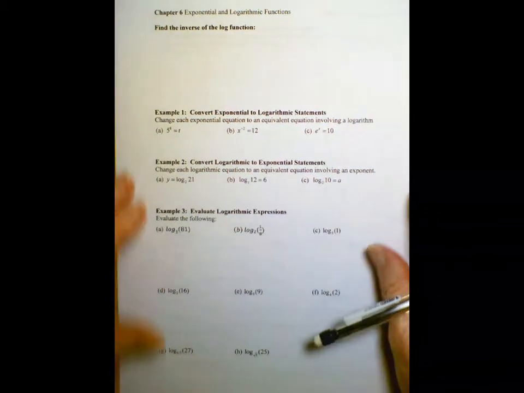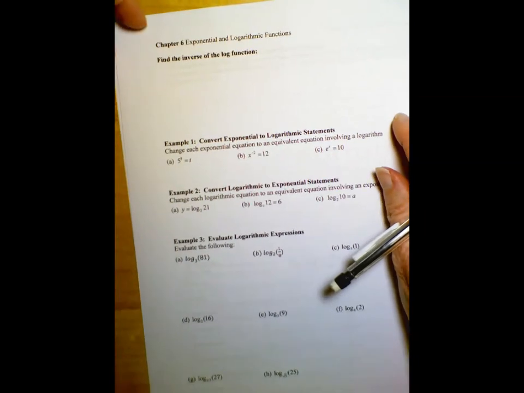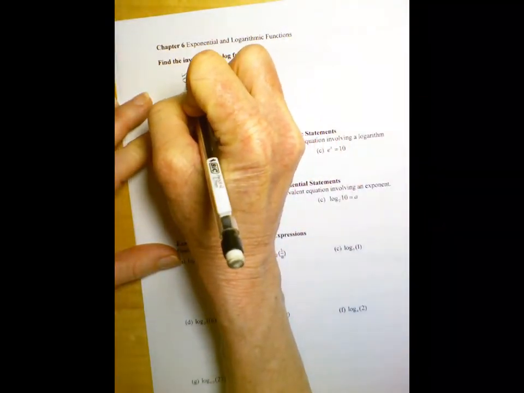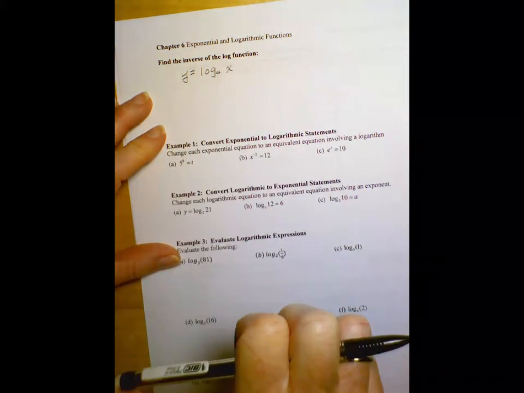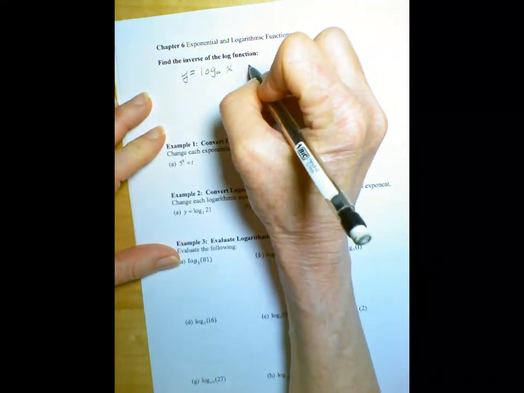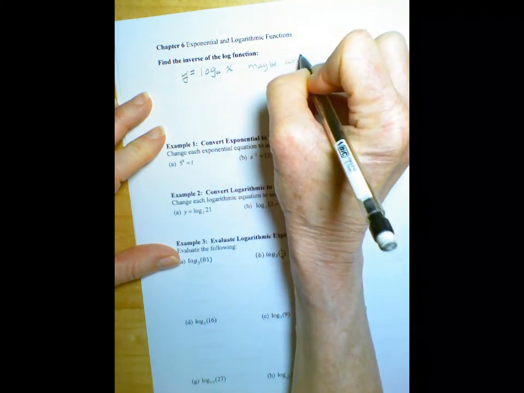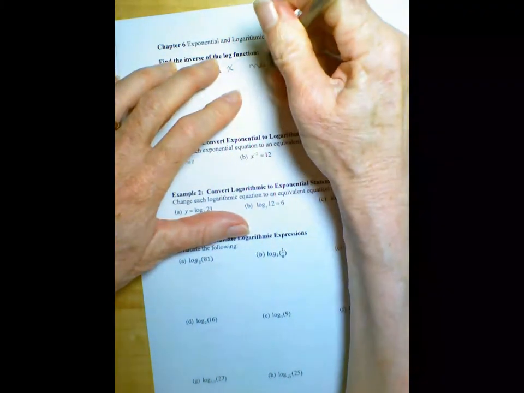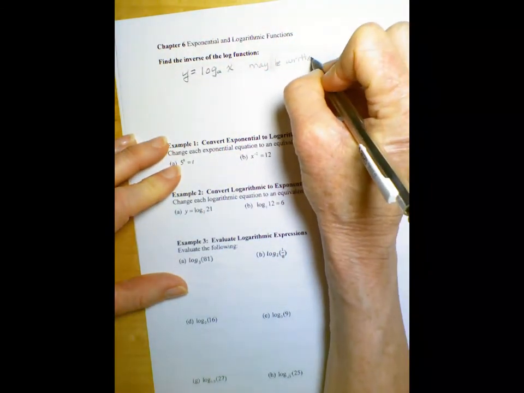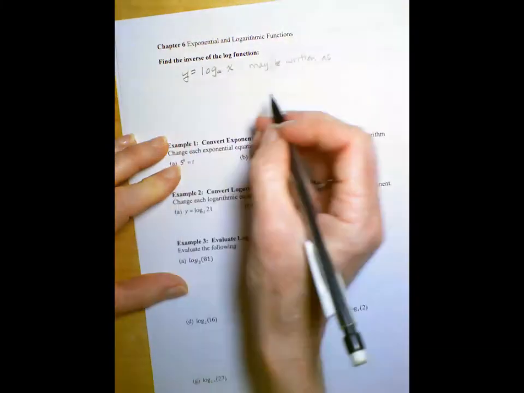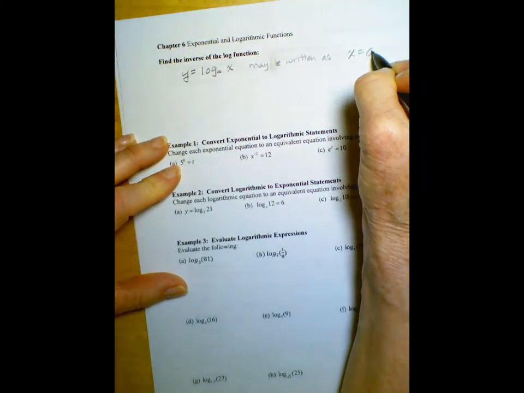Find the inverse of the log function. So we have the log function y equals the log to the base a of x, and that may be written as, so the other way to write that was what? x equals a to the y.